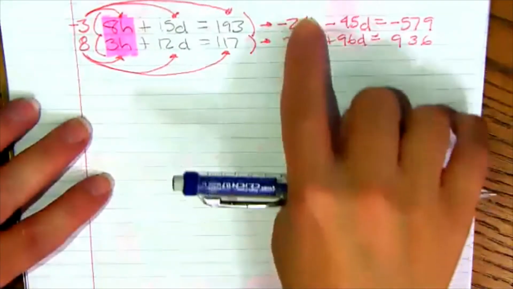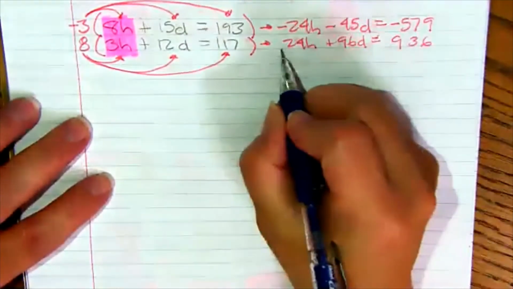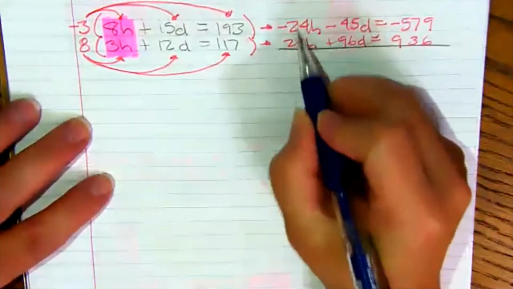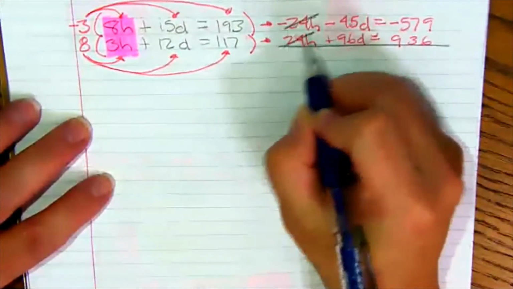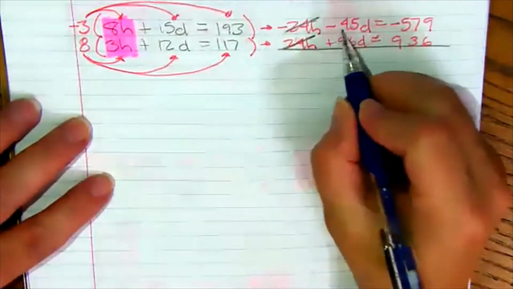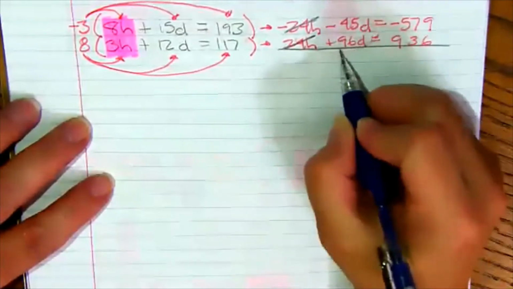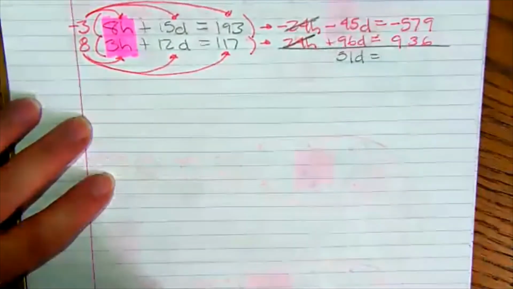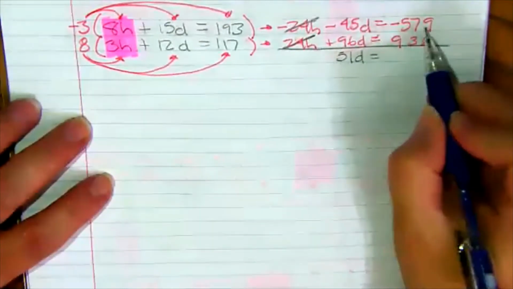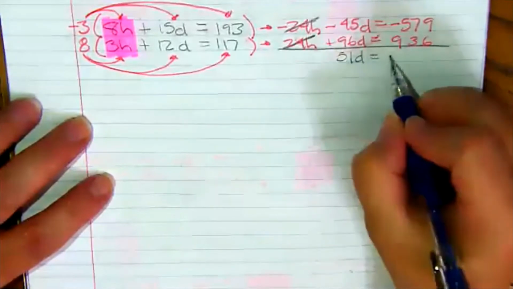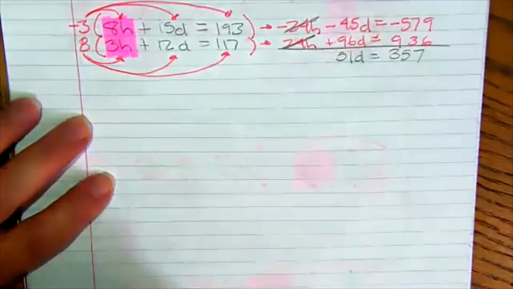I now have a system of equations where this like term cancels or is eliminated. My hostas, they cancel each other. They are eliminated. So -45 daylilies plus 96 daylilies is 51 daylilies. -$579 plus $936 is $357.